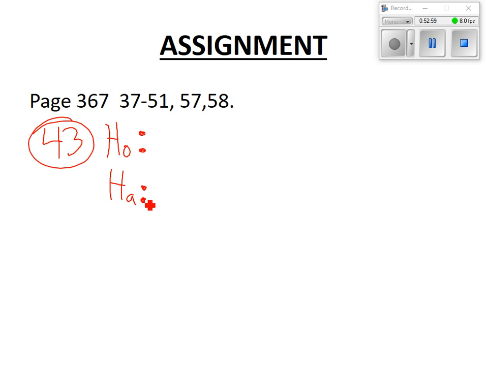So this scientist says incubation period is less than 40 days. Is that going to be our H-O or H-A? H-A. Since we're saying incubation period, are we using mu, P, sigma, what? Mu. So mu is less than 40.